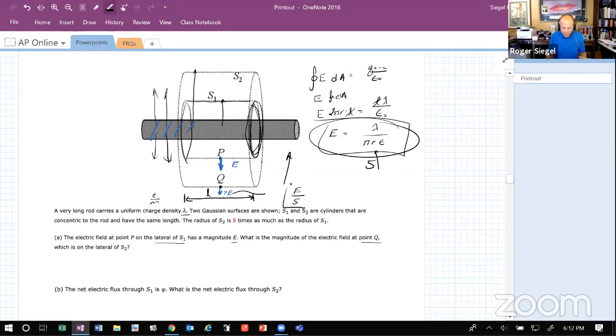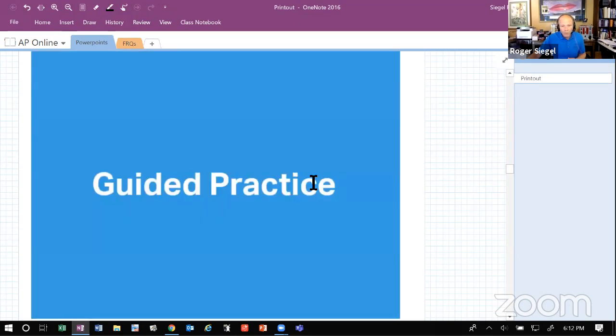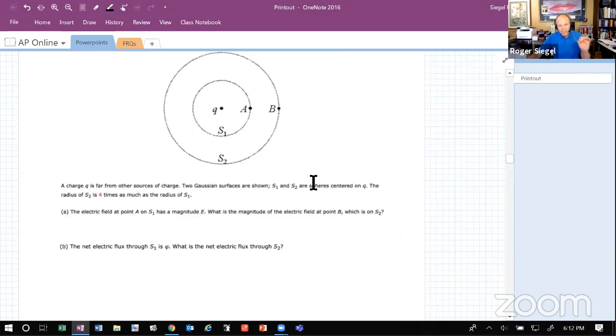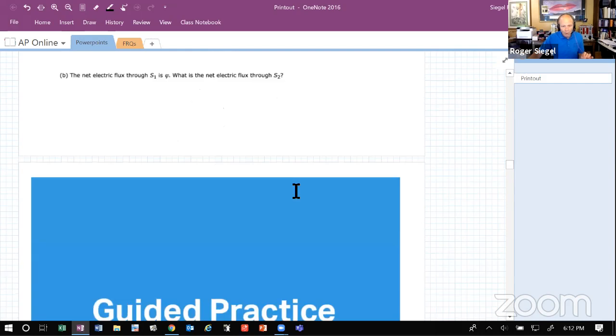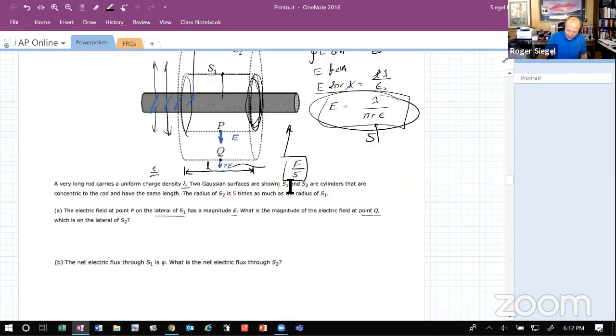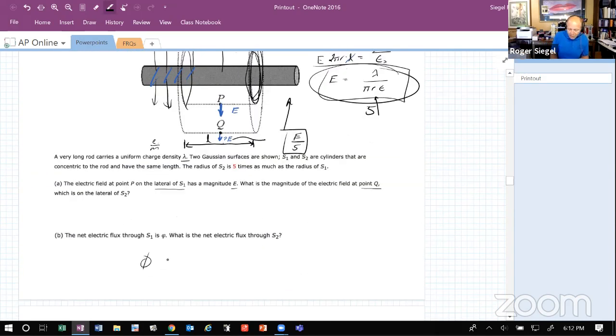Okay. Now, the next part we can do very quickly. What did we just learn in the previous problem up here? We saw in this problem that the flux was the same through A, the same through B. Why? Because the flux depends, even though Gauss's law is over on this side, E dot dA is equal to Q enclosed over epsilon naught.